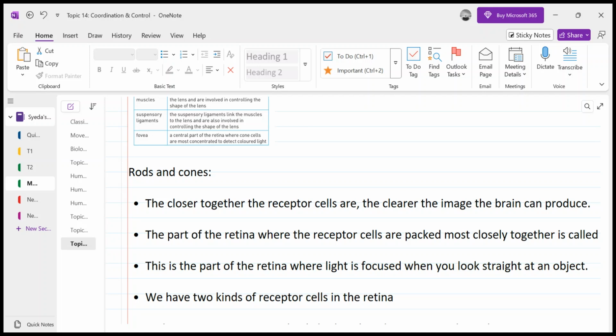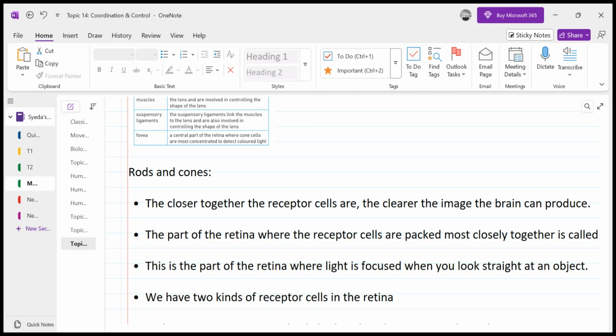While the cones are those cells which can sense bright light. When you are outdoors, or even indoors when a tube light is turned on, then we can see colorful images, we can see the colors of all the objects.